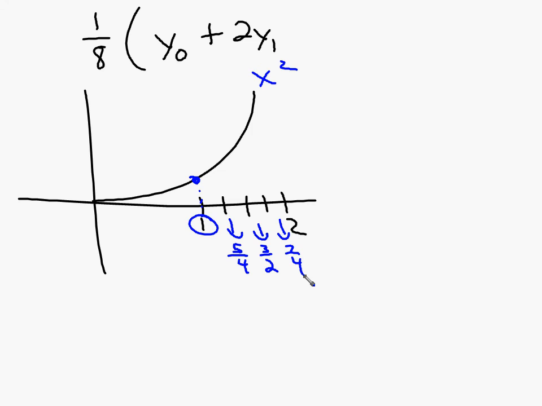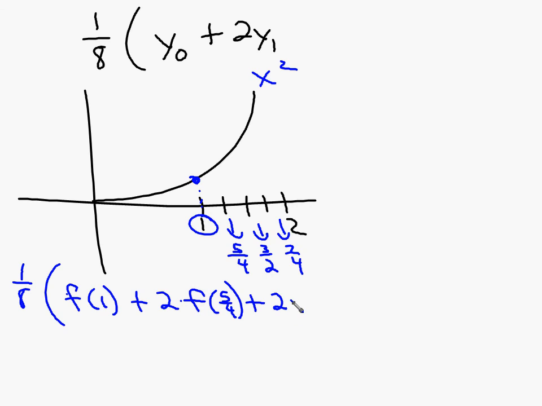So now I'm ready to plug into my formula. I'm going to have 1/8 times, I'm just going to say f of 1. Because I got to plug these values into the function to get the y values. Plus 2 times f of 5/4. Plus 2 times f of 3/2.